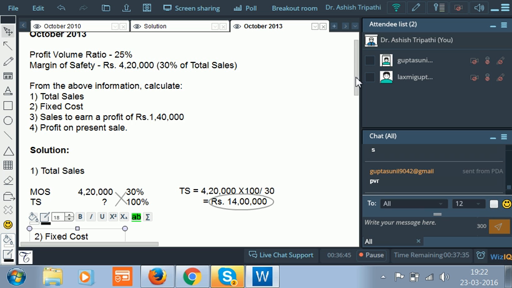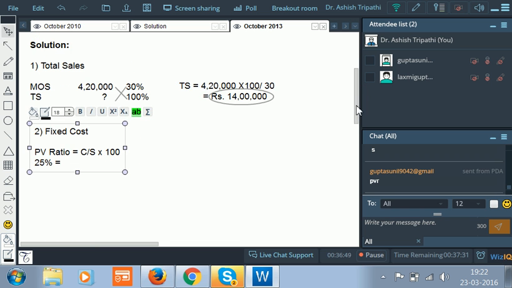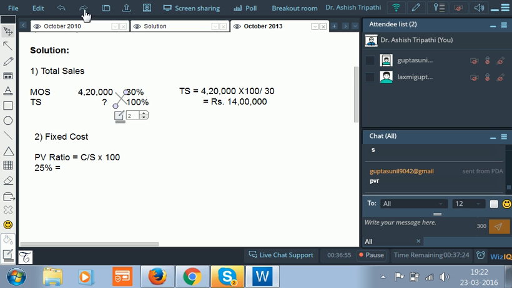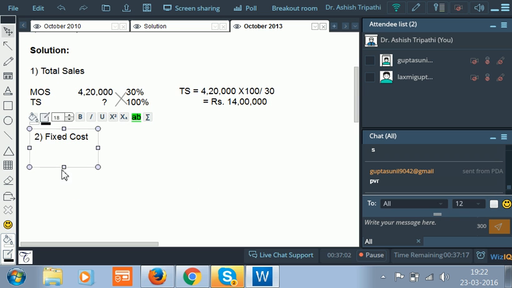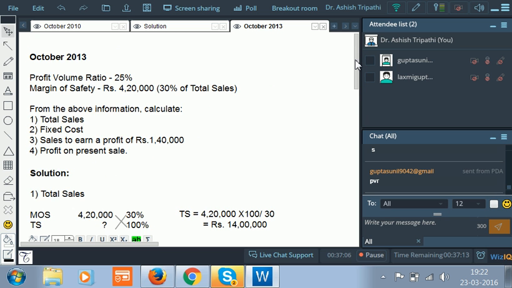So let us not apply this formula. Let us go with a different method of calculating fixed cost. So let me undo. Let me remove this. We want fixed cost. How to calculate fixed cost?